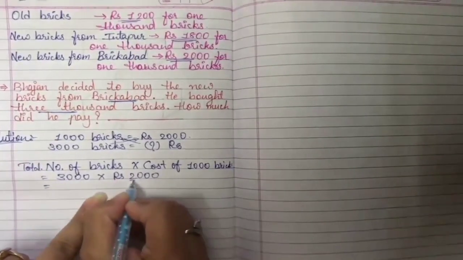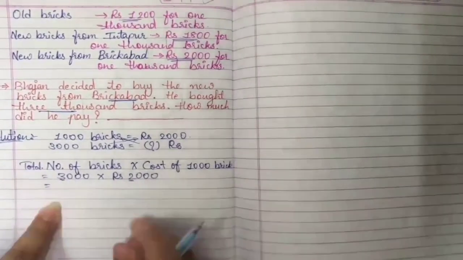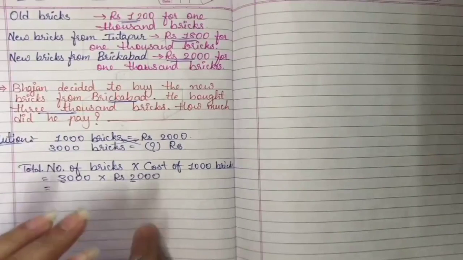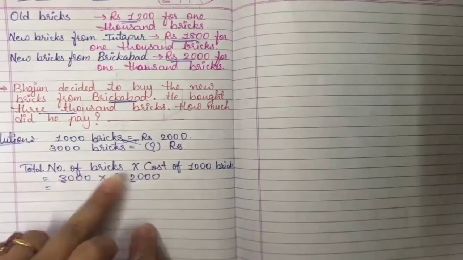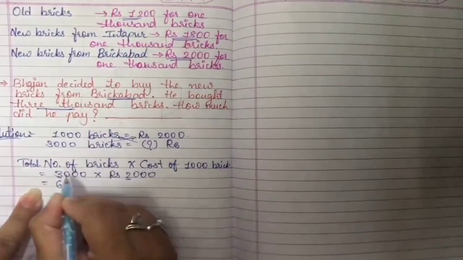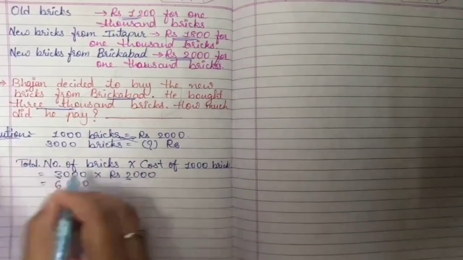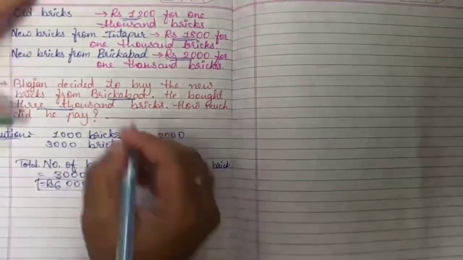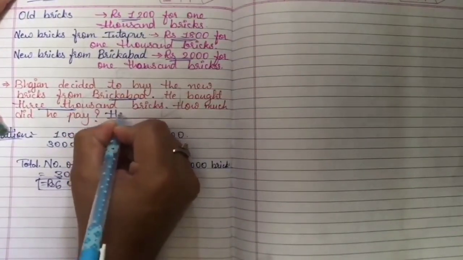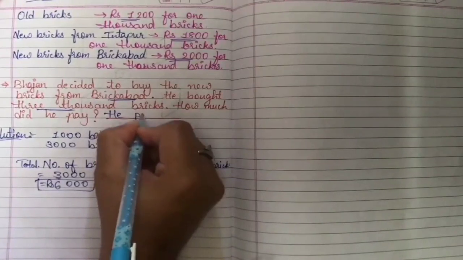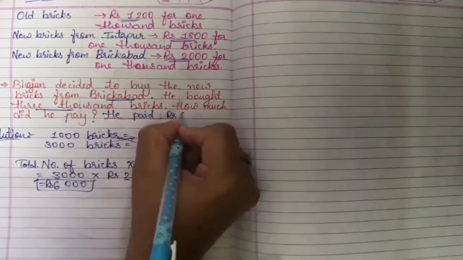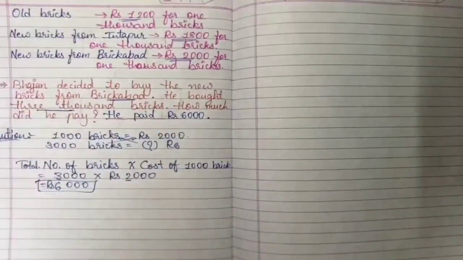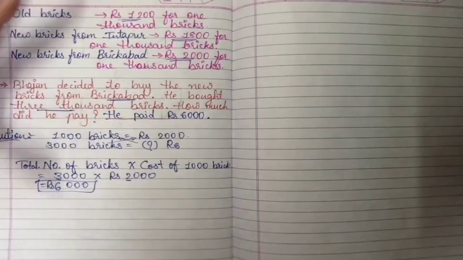So 2 multiplied by 3, and we know the property of 0, that the answer is always 0, so we don't need to multiply the zeros. So 3 multiplied by 2 is 6, and we keep the 3 zeros as they are. So the cost is rupees 6,000, which he had paid. So here I will write that he paid rupees 6,000.